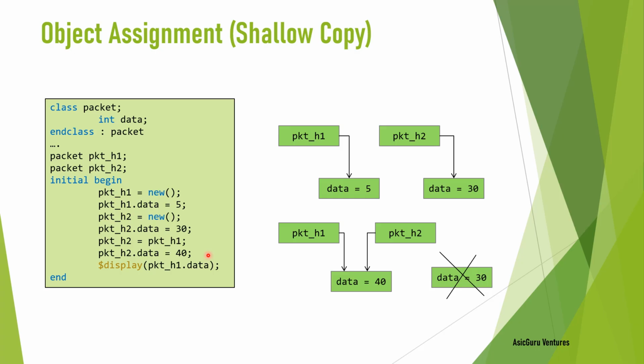That's why when we display packet handle 1 dot data using $display, it would print the value as 40 and not 5, which was the original value of packet handle 1. As shown in the diagram also, both the handles are pointing to the same memory location with value 40. The original object which packet handle 2 was pointing to, with data value 30, is now lost.